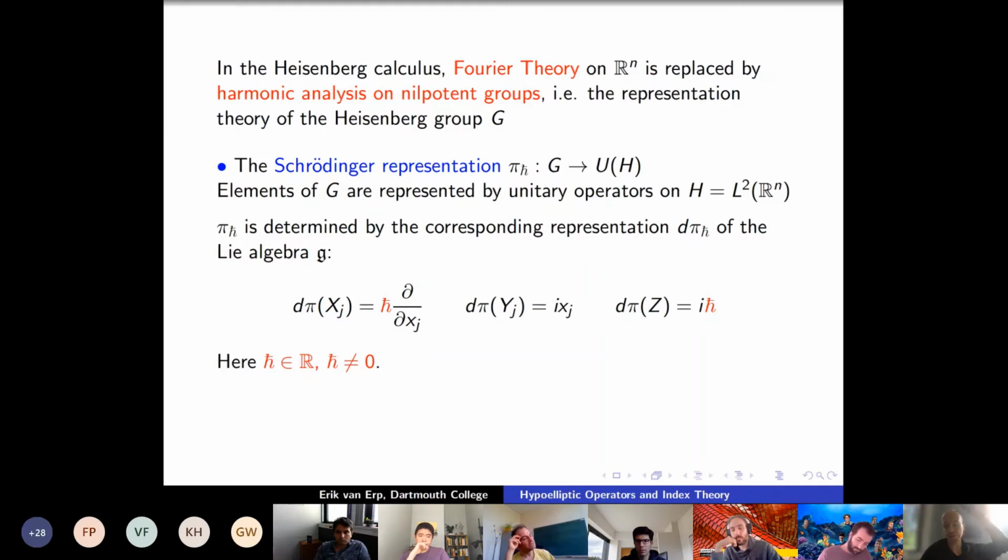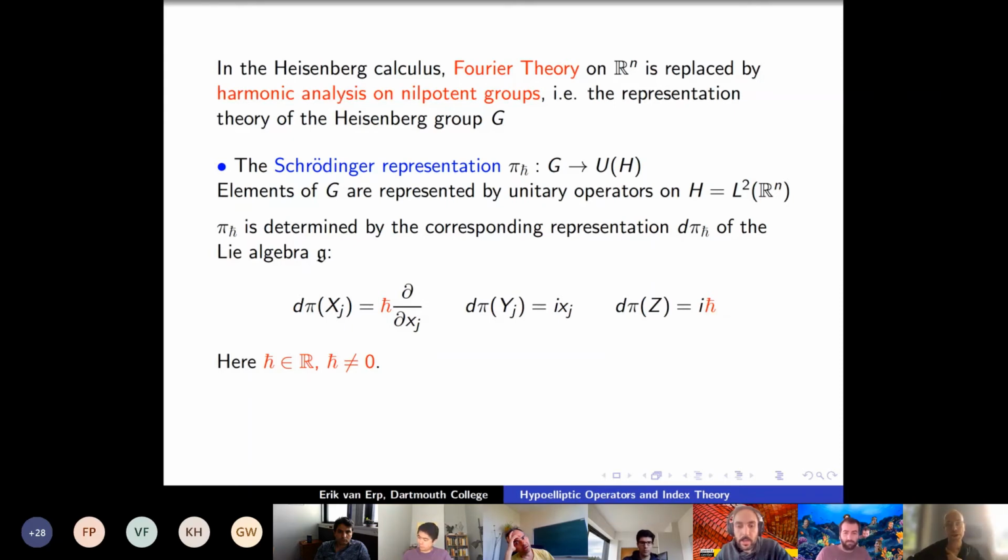So any representation of R2n, and there's lots of them, since it's an abelian group, so it's lots of one-dimensional representations, is also a representation of the Heisenberg group. I didn't write those down because they're taken care of in our theory by just considering the Schrodinger representations. Anyway, there are other representations, but these are the interesting ones.